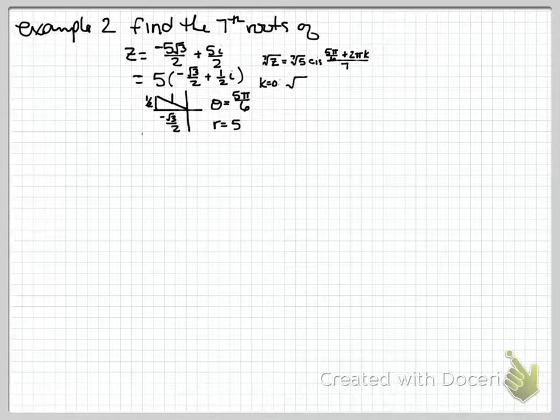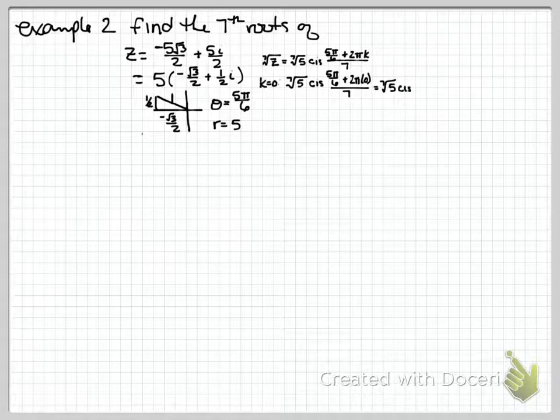it's going to be the 7th root of 5 CIS of, this time k is 0, so I'm going to actually put it in here so you can see it. That's going to be 5 pi over 6 divided by 7, and that's going to simplify to be the 7th root of 5, CIS of 5 pi over 42, because you're going to multiply that 6 and 7.